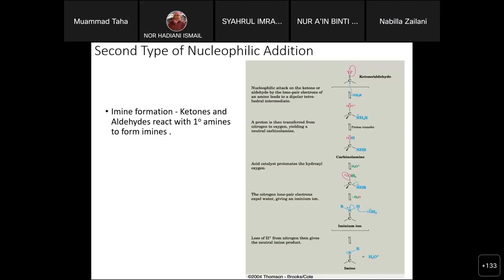The second type of nucleophilic addition reaction: in this, first the nucleophile, like NH2, attacks the carbonyl group and forms a tetrahedral intermediate. Then a proton shift takes place and it becomes a carbinolamine. This is not very stable, so it will eliminate water and then become an imine, which is also called a Schiff base.